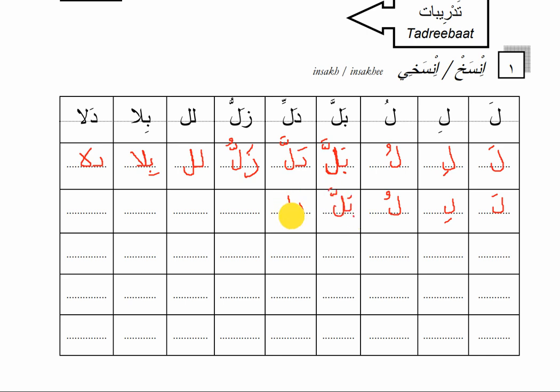Dal, non-connector, lam, dalla, then zalla, then lam as initial, then lam at the end in full form, then ba connector, lam, and then you can put an alif in between, and ba with kasra. Dal, now lam, start with the alif slant line, go up, dala.